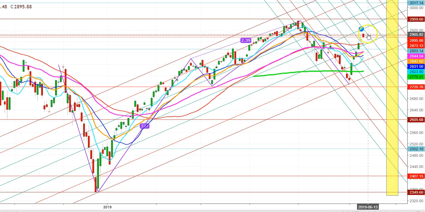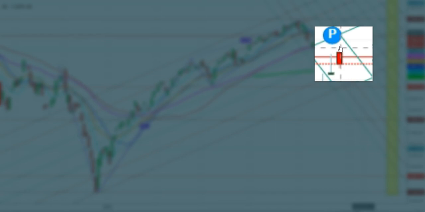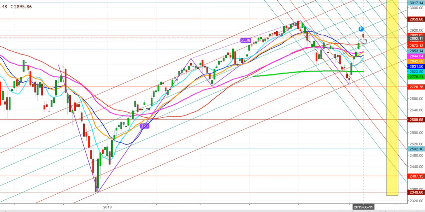S&P 500 witnessed a good opening at these levels when today's trading session started, but here you can see that in the daily chart, S&P 500 has been witnessing a continuous huge sell-off since the beginning of this trading session. Once again, from the levels of 2909, we have seen the S&P 500 index come to the levels of 2889, which is evident enough to show the thick presence of bears above the level of 2910.